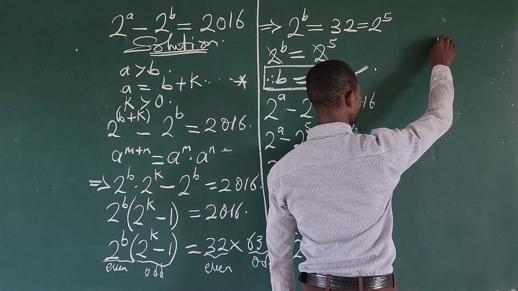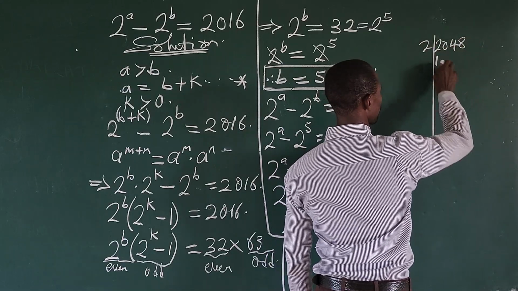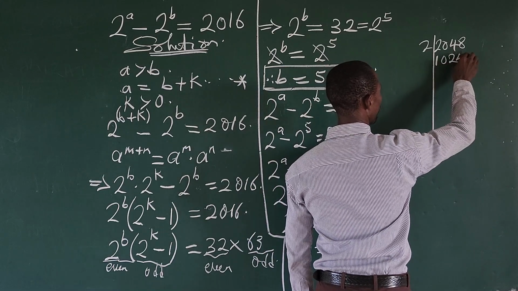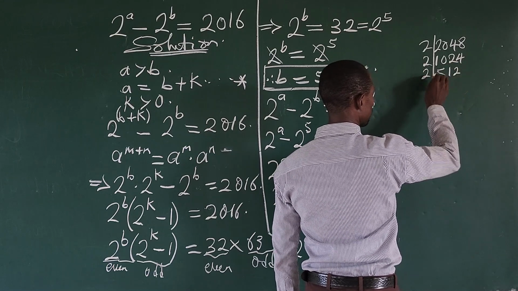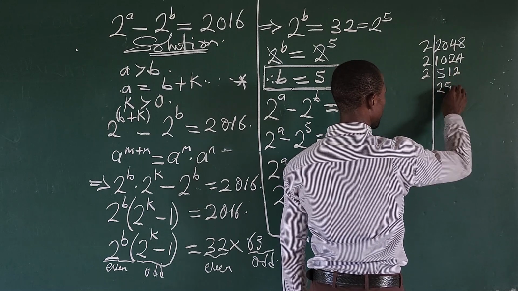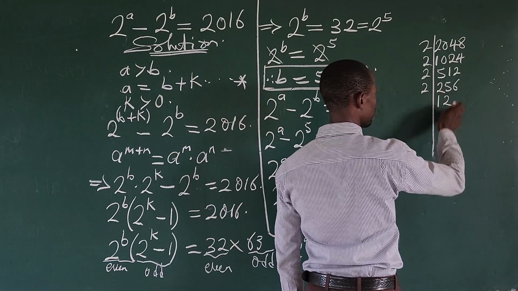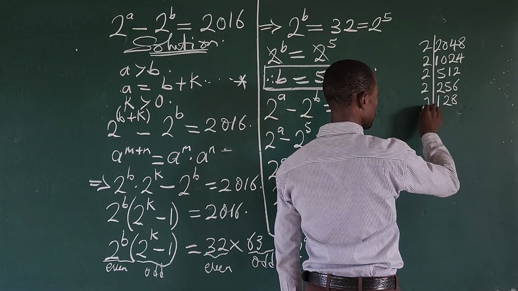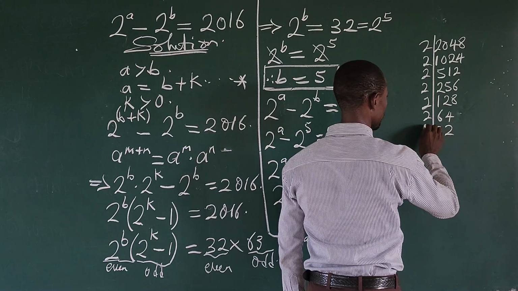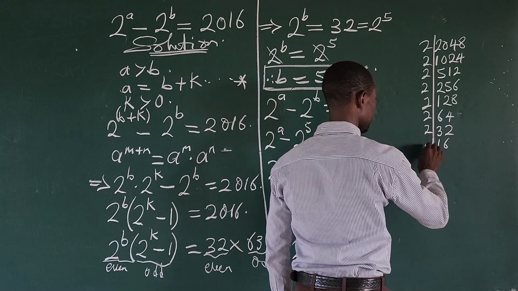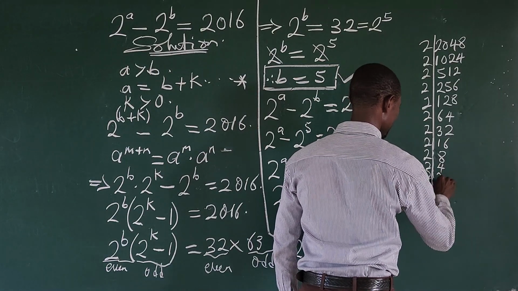We have 2048. 2 into this gives 1024, then 512, then 256, then 128, then 64, 32, 16, 8, 4, 2, and 1.